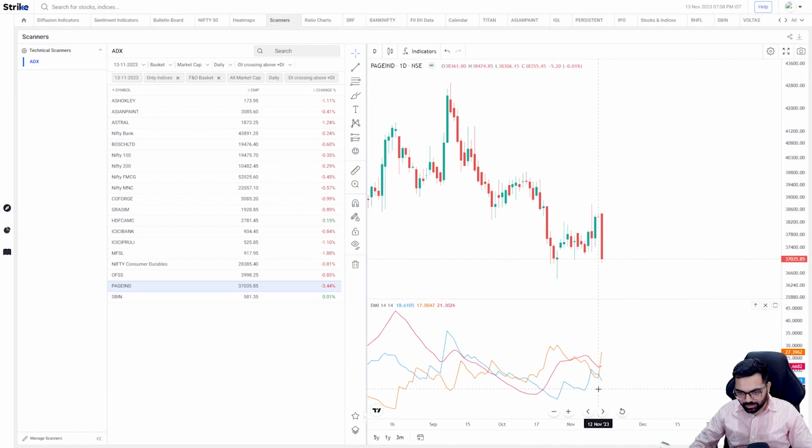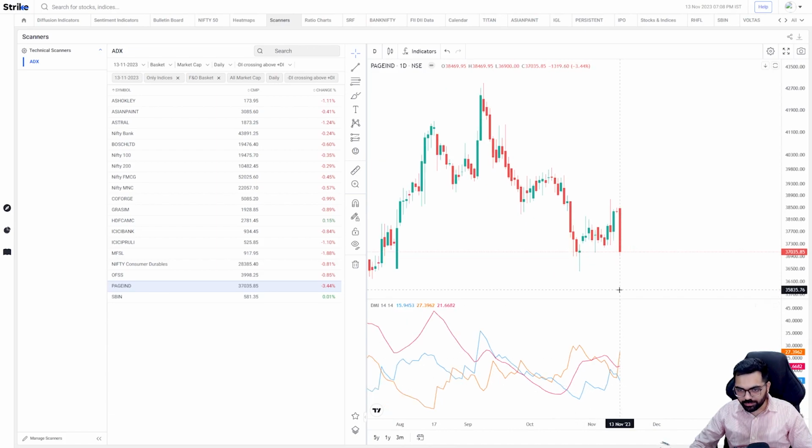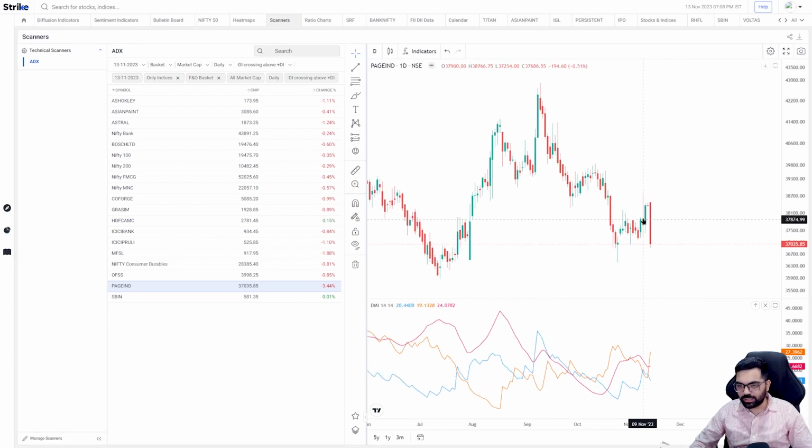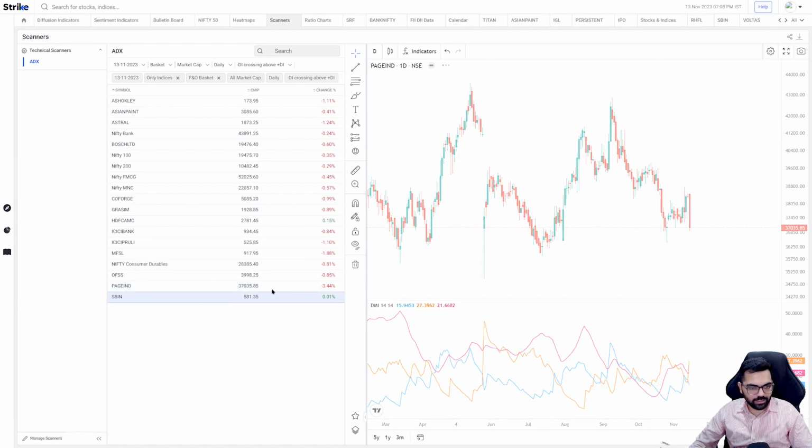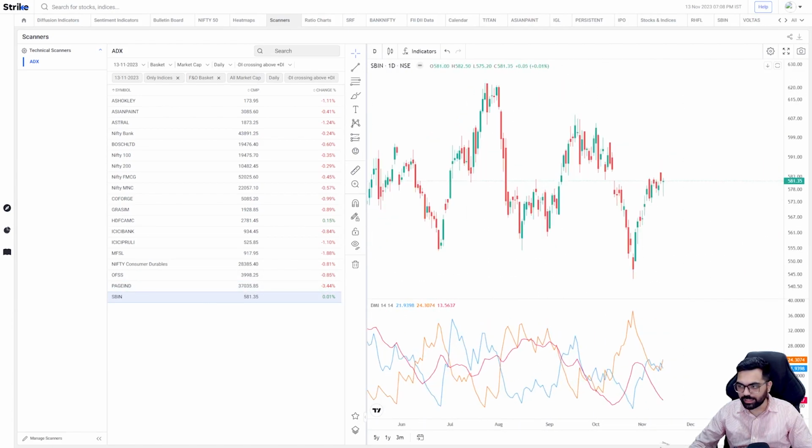Here the negative directional index has crossed above the positive one considerably in one session, which may look like a breakdown, but the ADX value is not above 25 as of now, though it's close to that. So this is how you can look for certain filters and find stocks based on ADX.